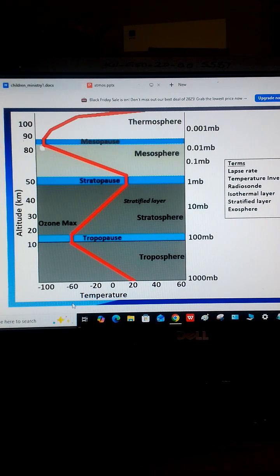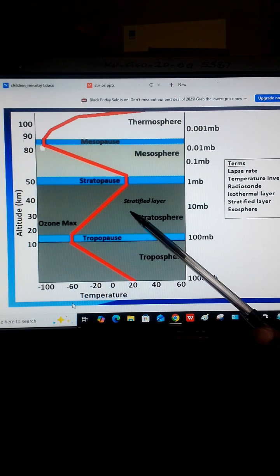Now, after the tropopause, we have the stratosphere. In the stratosphere, at about 20 kilometers, air temperature begins to increase with the height, producing temperature inversions. And we consider the stratosphere as a stratified layer. It's not like the troposphere where we have pronounced vertical motion.